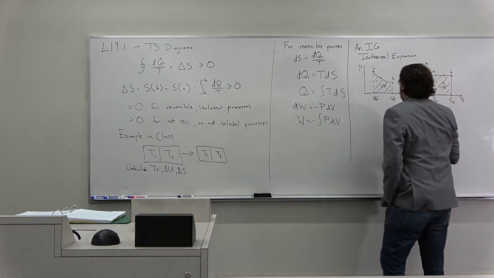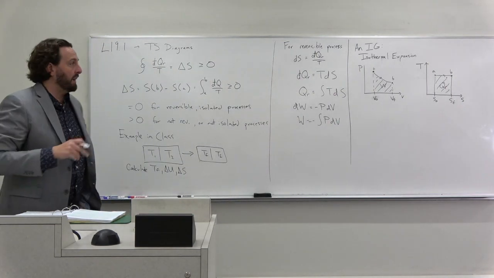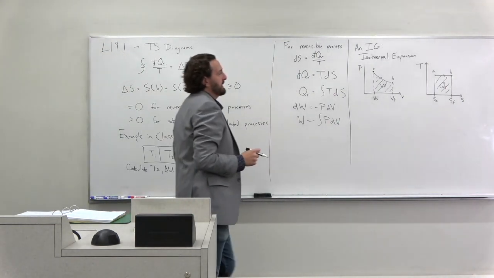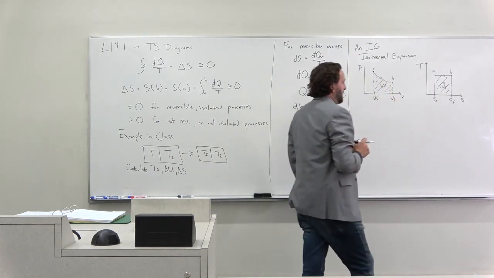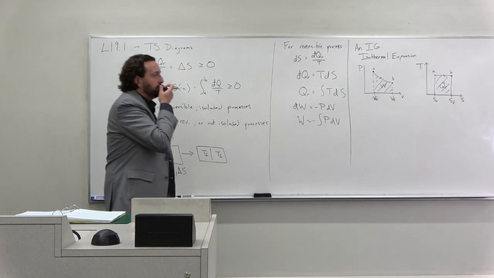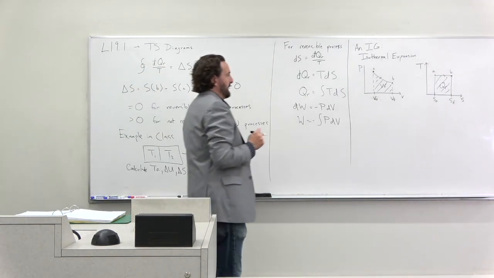But it's QR. It's the heat for this reversible process. Remember, we could have undone this because we're not isolated, right? I mean, this one's isolated, but it's isolated and reversible, so we can actually undo this.